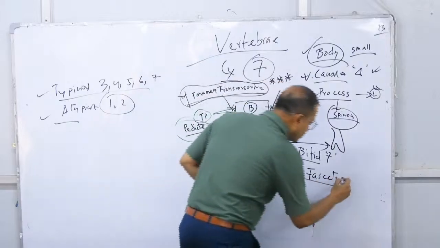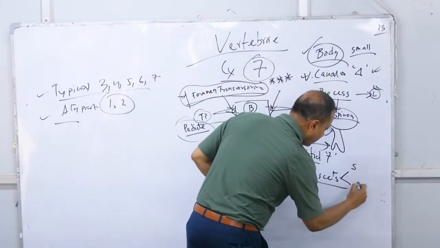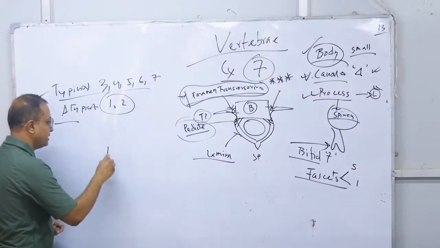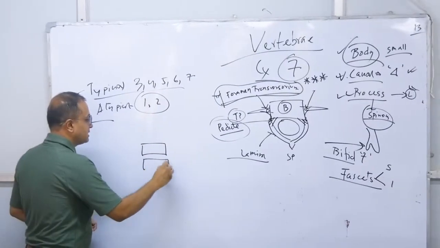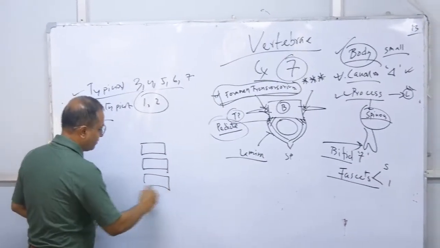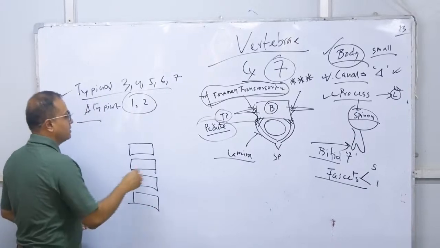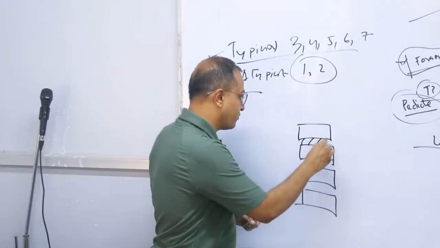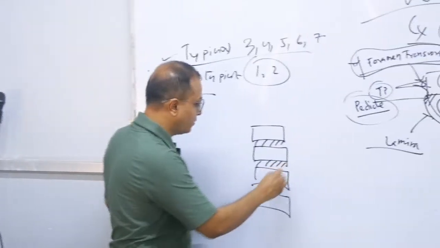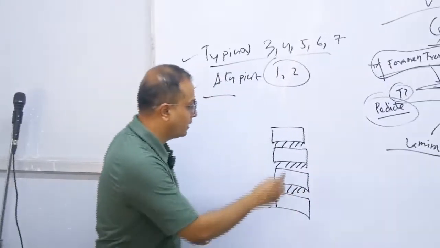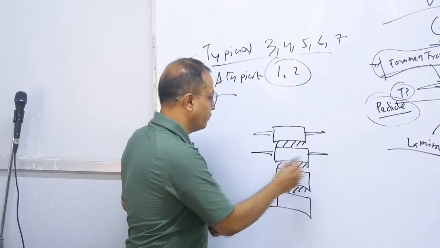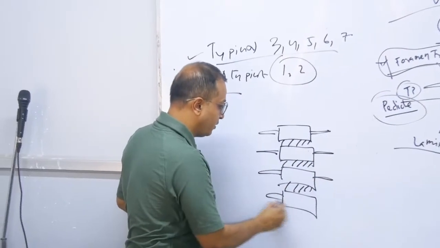There are two kinds of facets, superior and inferior. Now, why are these facets there? We see the vertebrae are stacked one after another in a vertical direction, intervened by the intervertebral disc in between. Each vertebra makes a joint with the bones above and below.